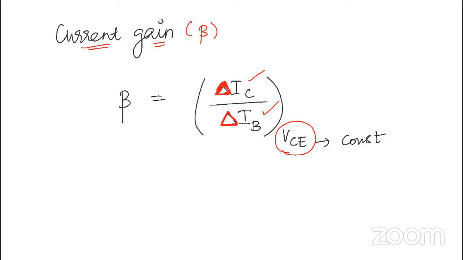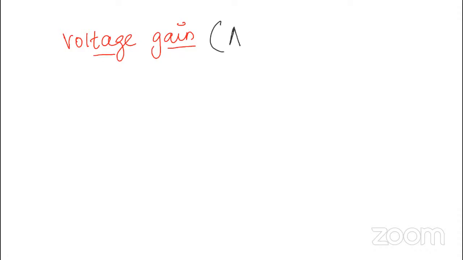Next, voltage gain. So voltage gain we represent as AV.